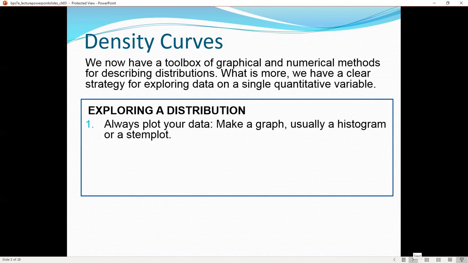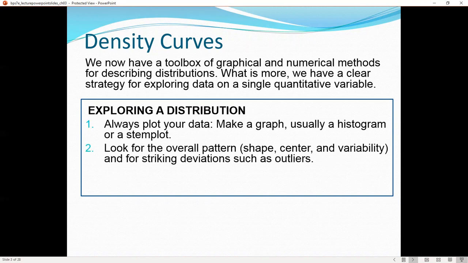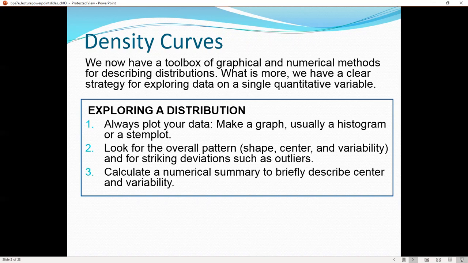Make a graph, usually a histogram or a stem plot. Look for the overall pattern, shape, center, and variability, and for striking deviations such as outliers. Calculate a numerical summary to briefly describe center and variability.